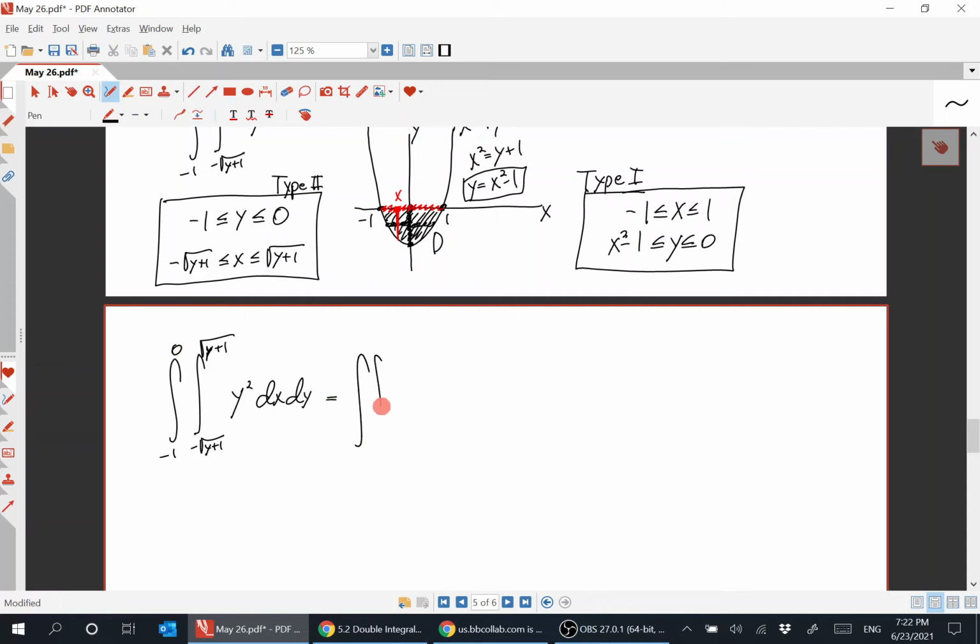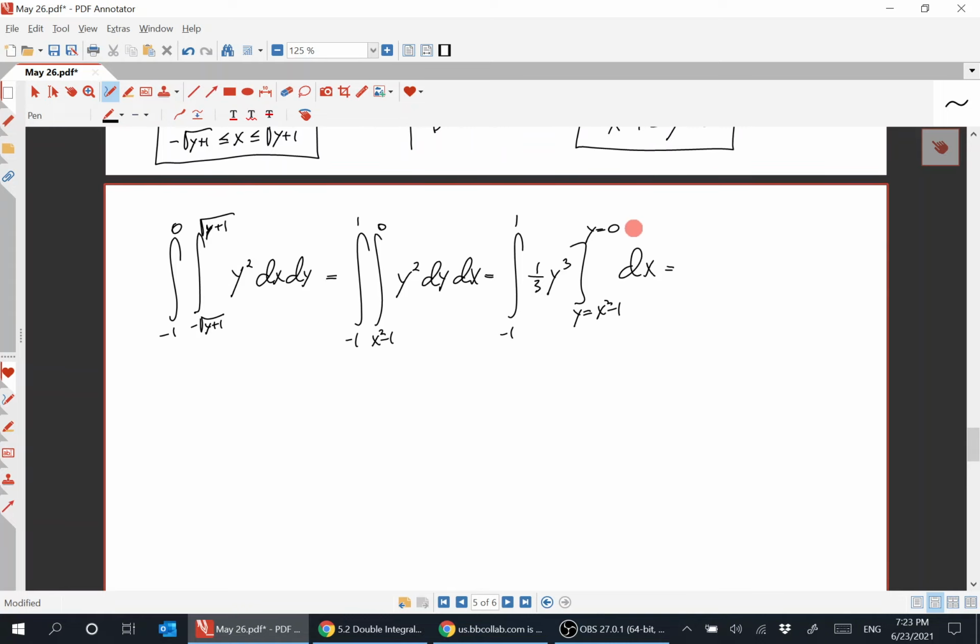So this is equal to double integral from x squared minus 1 to 0, and then from minus 1 to 1, y squared dy dx. Antiderivative with regard to y is 1/3 y to the third from y equals x squared minus 1 to y equals 0 dx.